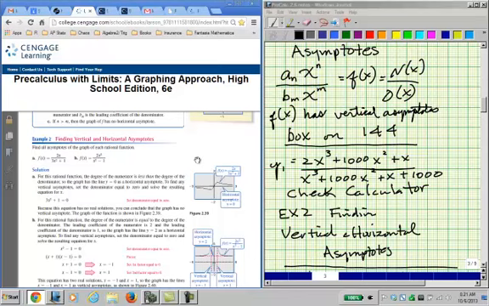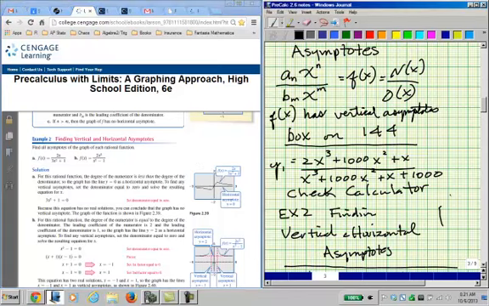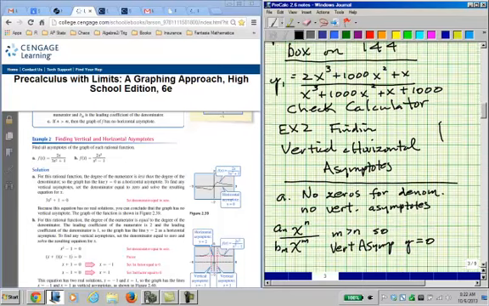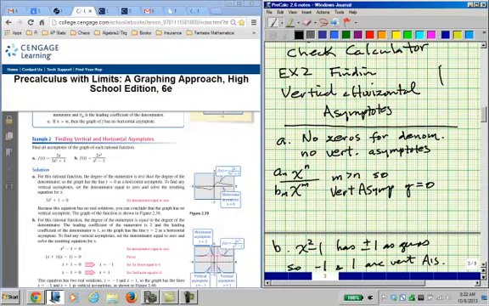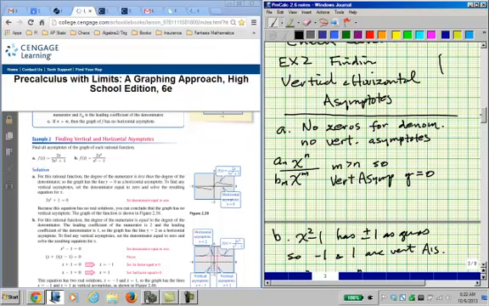But the degree of the leading term, okay, so let's look at that: a sub n times x to the n over b sub m times x to the m. M is greater than n, so there's a horizontal asymptote at y equals 0.